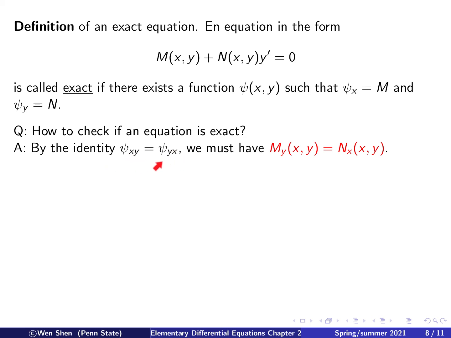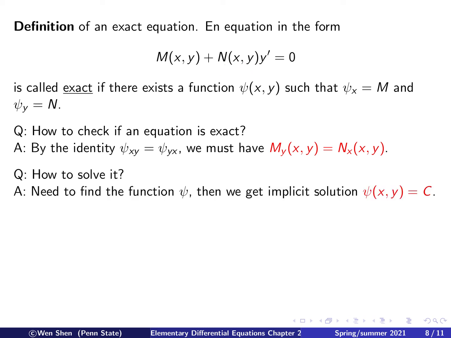If this identity must hold, then since psi sub x is M, the left-hand side here is M sub y, and psi sub y is N, then the right-hand side is N sub x. Then we must have this identity, M partial derivative in y equal to N partial derivative in x, which can be easily verified because these two are given functions.